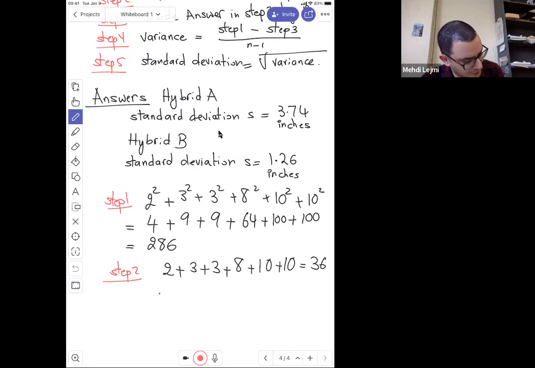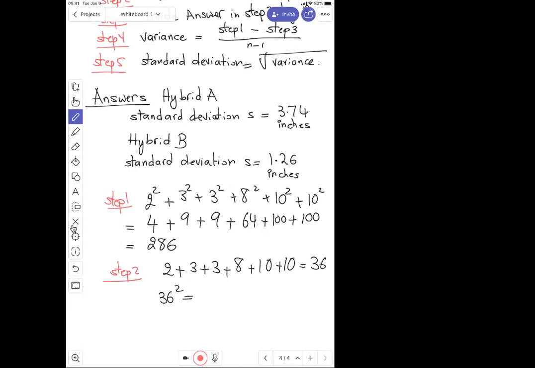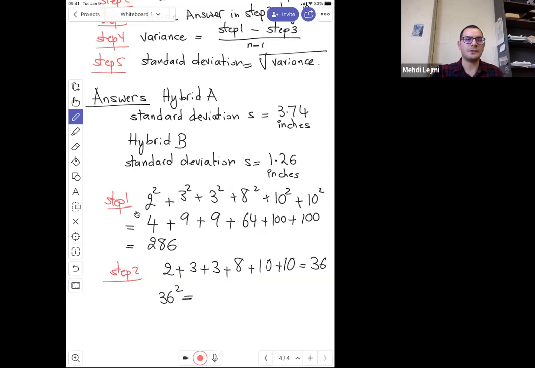So then you take 36 squared. Let me see my notes: 36 squared is 1296. Yes, you're right.